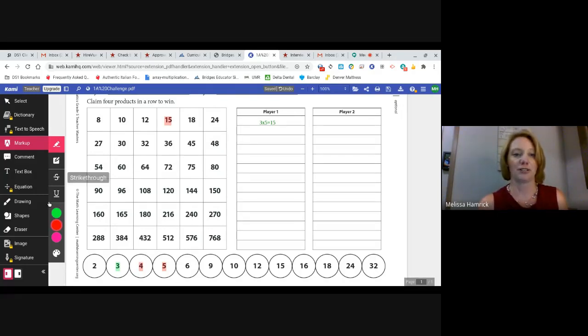And I'm going to choose, oh, they're supposed to be green. And I'll choose 6 for them. Okay, and then I would ask them, what is the product of 4 and 6?